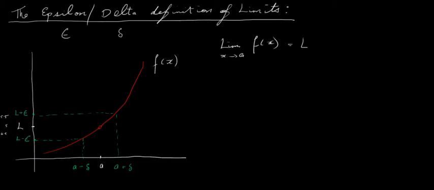So you pick a particular value epsilon, and you say I want to be closer than that value epsilon to the limit. And I will say, okay, I can find a particular delta from A, within which I can find an x value that will actually give me a value closer to L than epsilon.